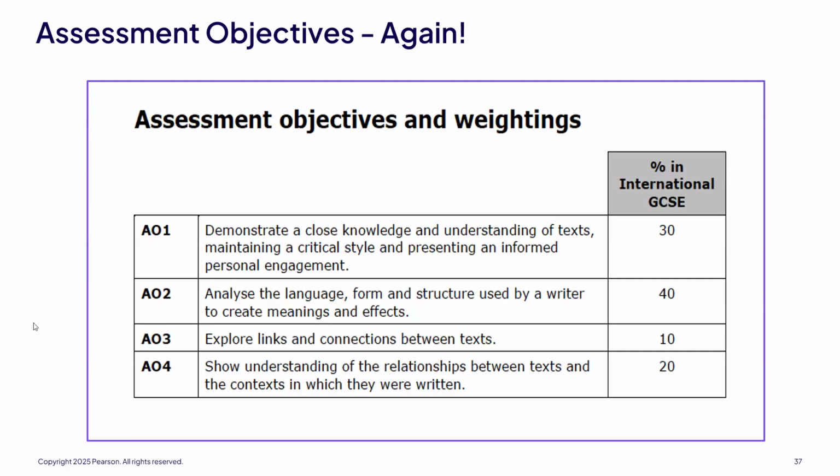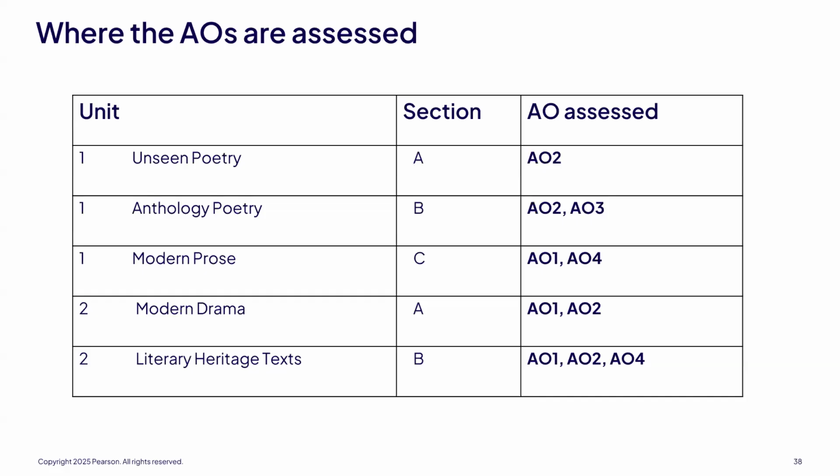The next slide we've also seen before, but it's just a reminder of where those are. I'm just going to run through them very quickly again. Unseen poetry is AO2. Anthology poetry is AO2 and the AO3 comparison. Remember, AO2 is that analysis of language, form and structure.